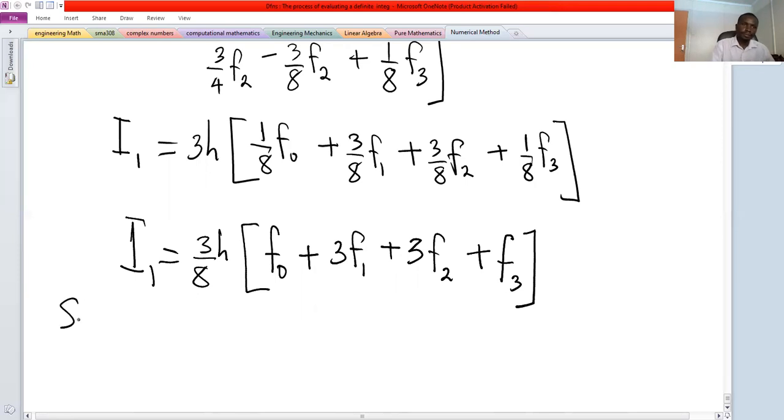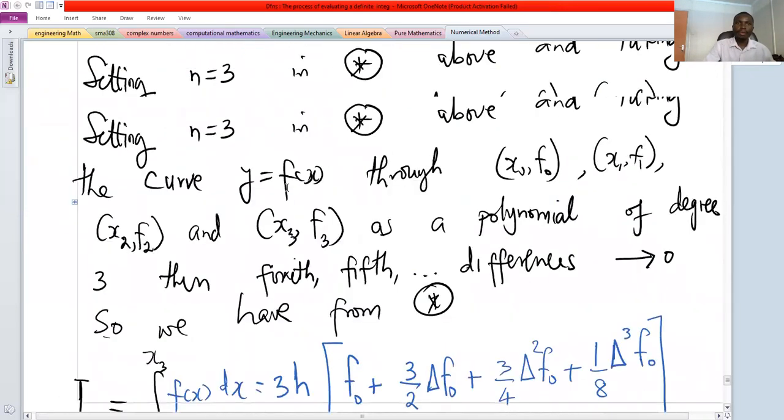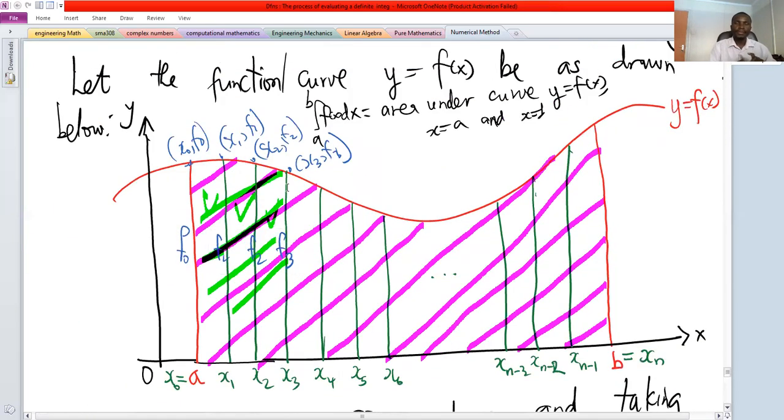Similarly, now remember, once we have taken the first three, if you go back to this diagram, the next one will start at F3, this next one will be F4, then F5, and then F6. So this region is defined from F3 to F6.